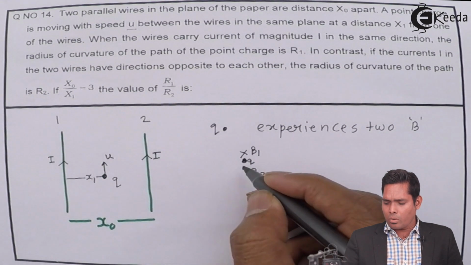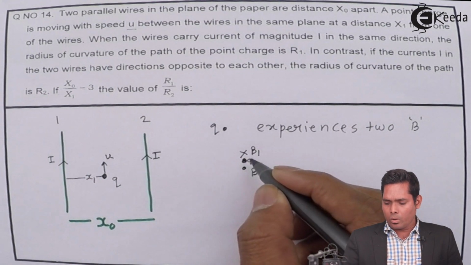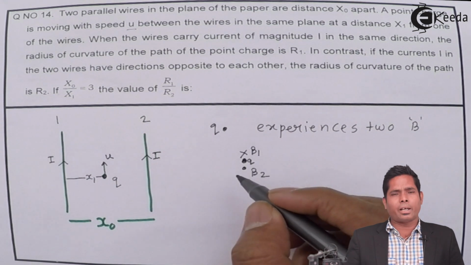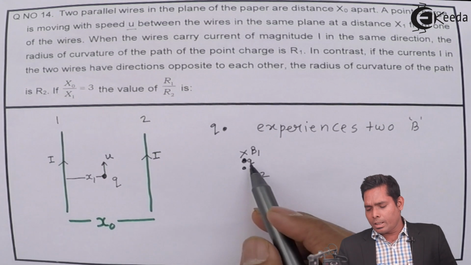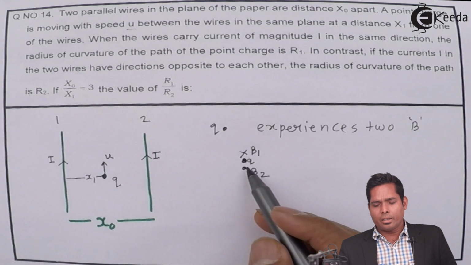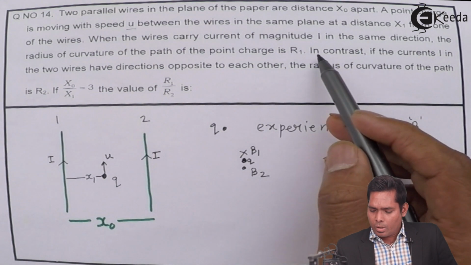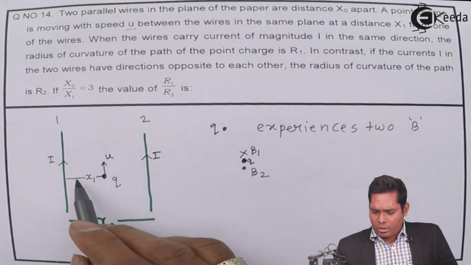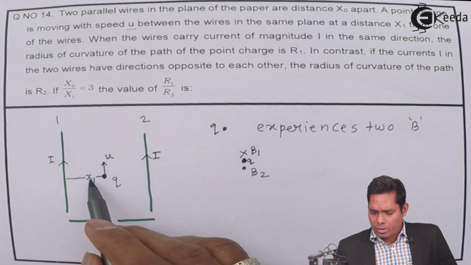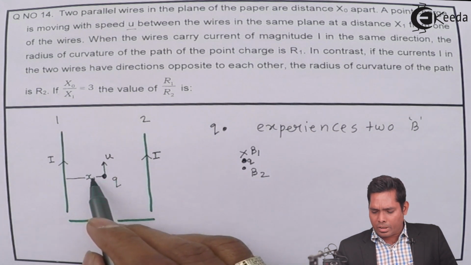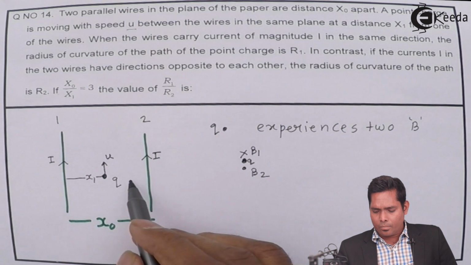Dot means coming out, cross means going into, and they are opposite in direction, so we take the net difference of the two, depending on whether this x1 is greater or smaller.